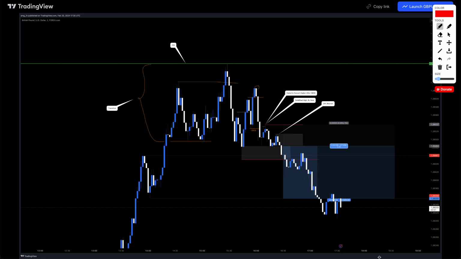And that's not OFD, by the way. For example, if price came up and just broke this without any reaction at the POI, that's not OFD. If you have a mitigation reaction, then your BOS, or your break of the POI, that's your disruption because it shows the POI failed to continuously follow this through.